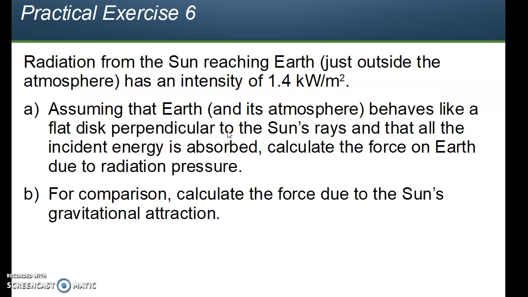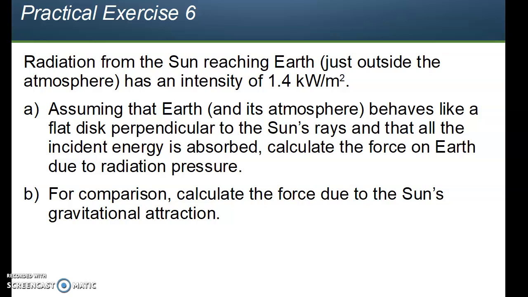Now we'll go on to the practical exercise number 6. Let me see. This one is problem number 20. So the radiation from the sun reaching the Earth just outside the atmosphere has an intensity of 1.44 kilowatts per square meter.